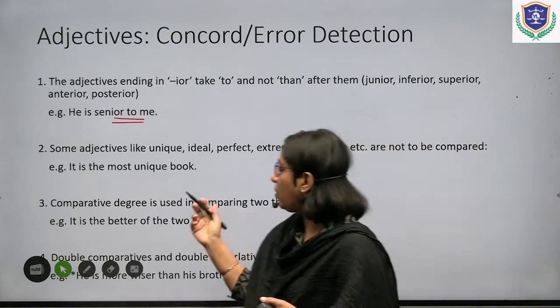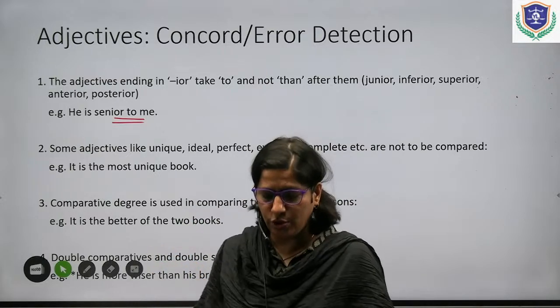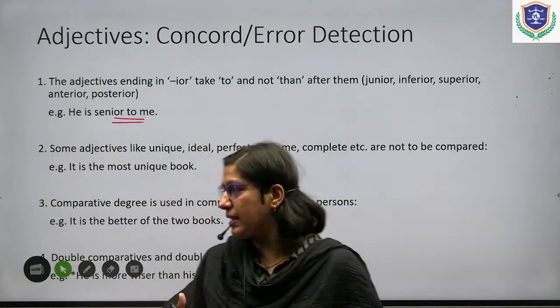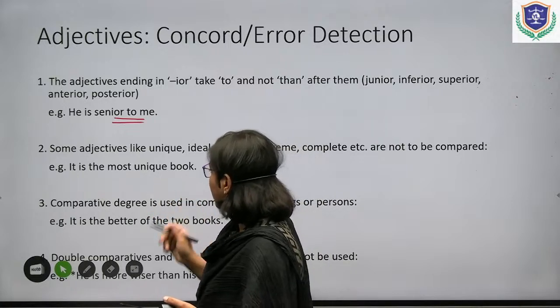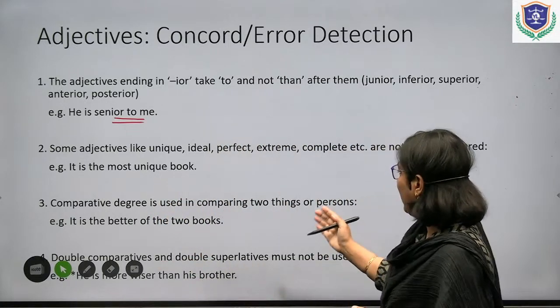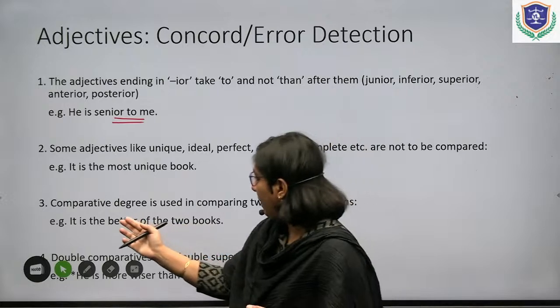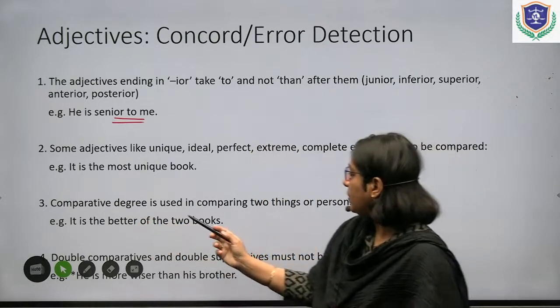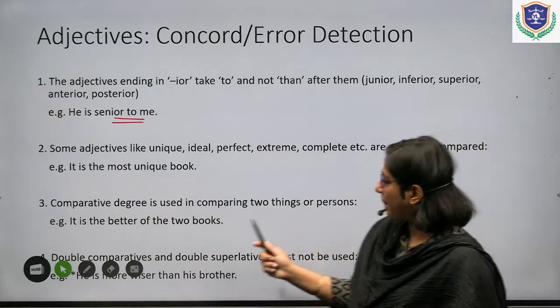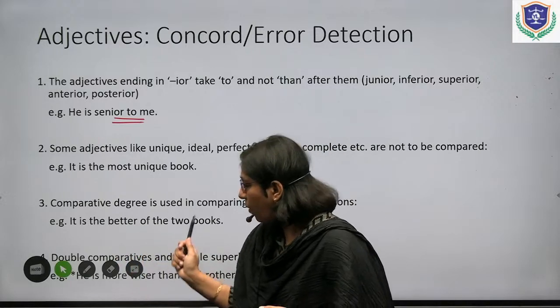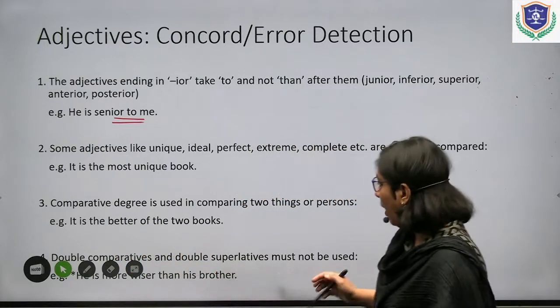I mean, we cannot say this is a unique book. Unique is unique. We cannot say something like this is the most unique book. Okay, and then when we are comparing two things, it is better of the two. Between the two things, how are you comparing?